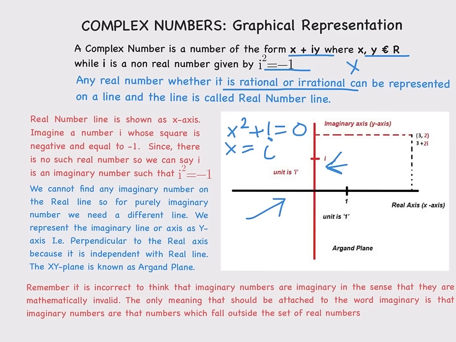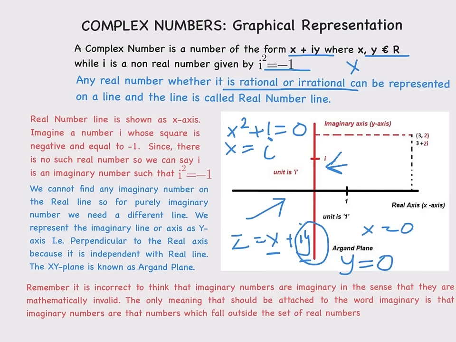Since z is equal to x plus iy, any complex number has two components. First is the x component, that is the real component, and second is the y component, that is the imaginary component. If the real component, that is x is equal to 0, the complex number is purely imaginary and lies on the y-axis.